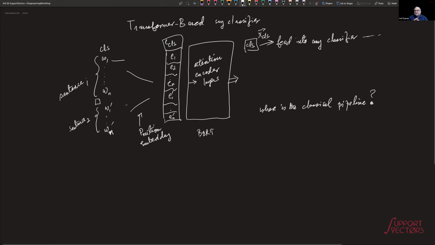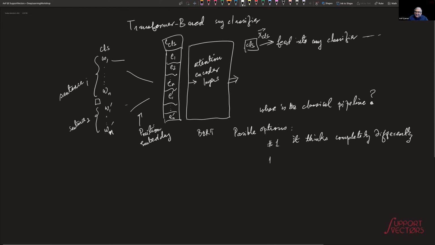So the possible options: it thinks, this transformer thinks completely differently, and so our classical pipeline is now proven to be not as effective. That is possibility number one.